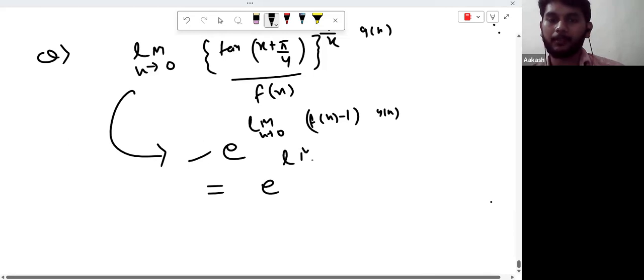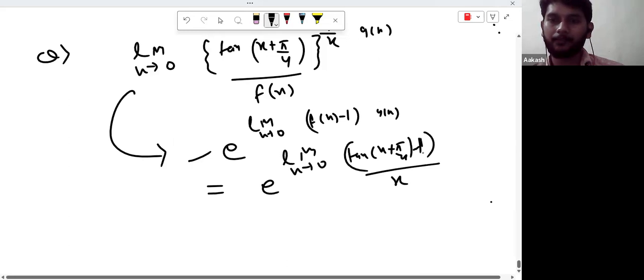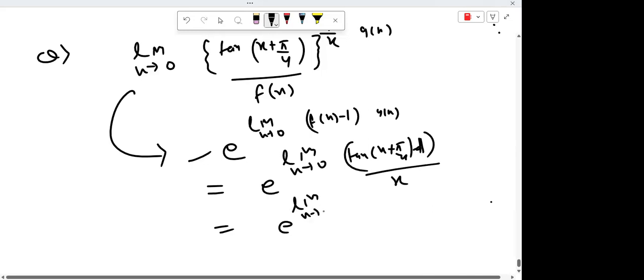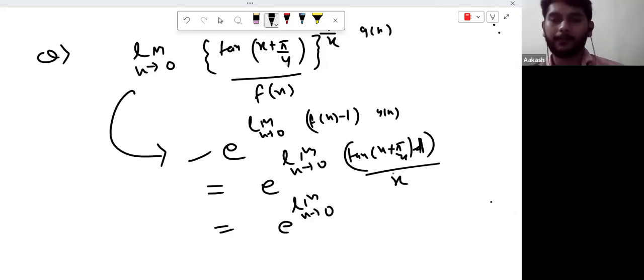This is x tending to 0. We'll write (tan of (x plus pi by 4) minus 1) into 1 upon x. So can I write like this? This is a limit x tending to 0. Let's differentiate the numerator.